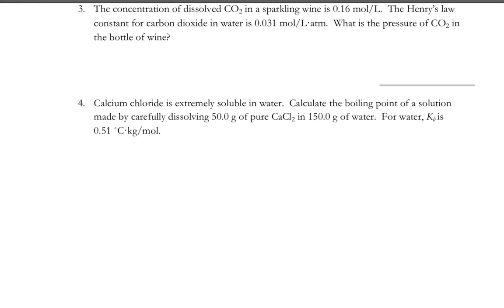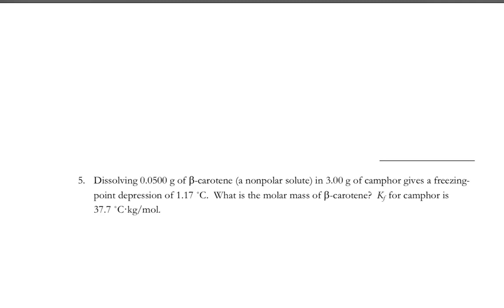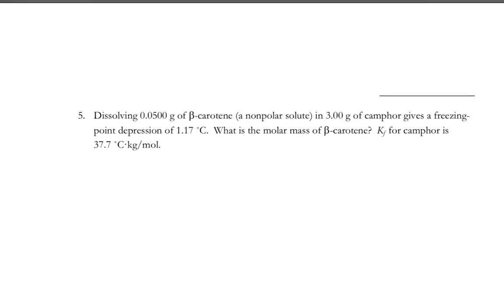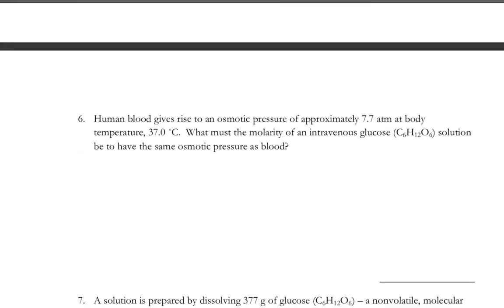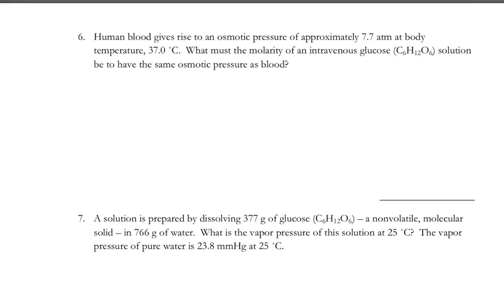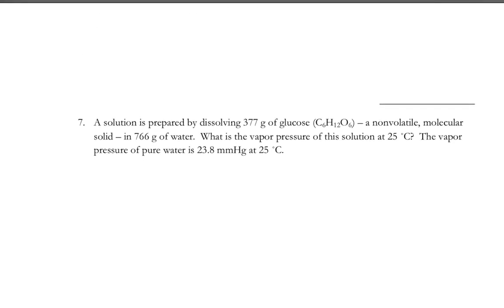Number 4 is a boiling point elevation type problem. Number 5, we're working with the freezing point depression equation. Number 6, osmotic pressure. And number 7, the vapor pressure of the solution, Raoult's law.